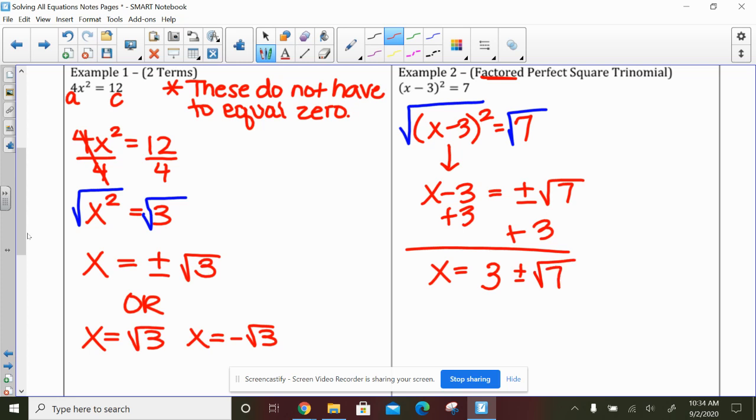Now, you can leave your answer like that, or you can split it up like we did the first one, and write x equals 3 plus the square root of 7, and x equals 3 minus the square root of 7. Those mean the same thing. You can leave it 3 plus or minus square root of 7, or you can split it apart into two answers. So that would be your answer for example 2.